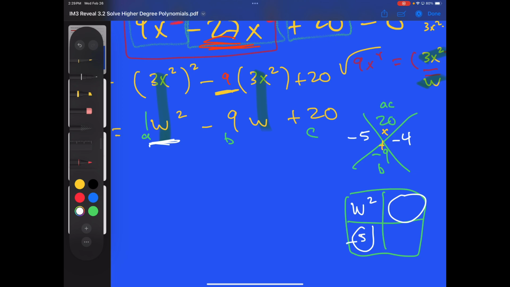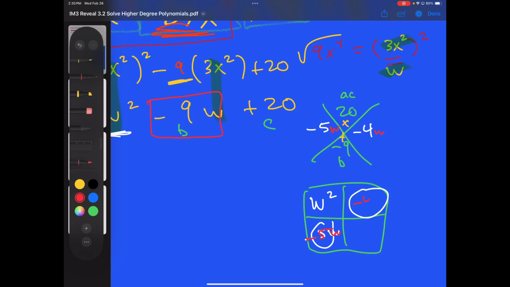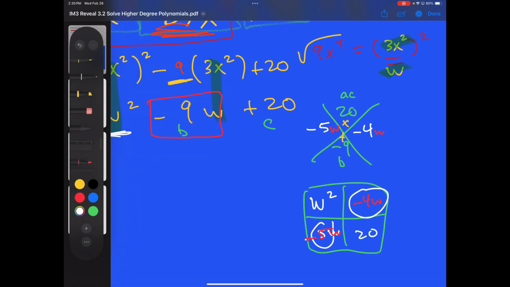Negative 5W, yes? So I want to make sure we're clear. We are splitting this term. Do you see that? So negative 5W. And what goes down there? Negative 4W. And then the bottom one, 20. Let's fill this out. A new student asked me, how do you get stuff on the outside of the box?